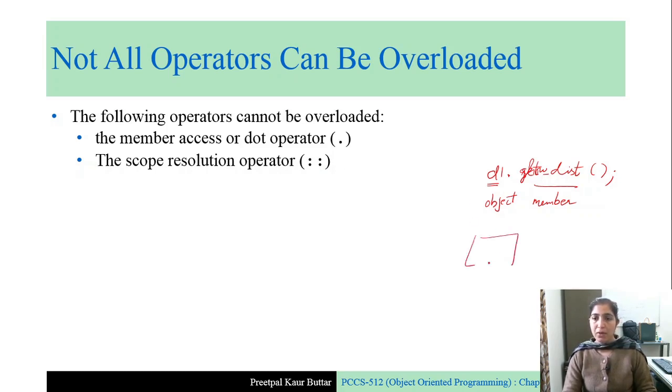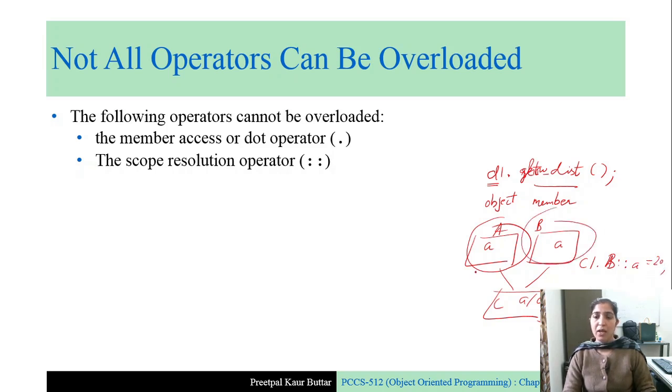So for example, if you have two classes A and B, both of these classes have a data member A, and this is inherited by class C. So now C has two versions of A, one from class A, one from class B. So when we create an object of class C, c1, and then write c1 dot a equal to 10, there is an ambiguity as to which A you are referring to, and it can be resolved using the scope resolution operator. c1 dot A scope resolution a means we are referring to the a which we got from base class A. And if I write c1 dot B scope resolution operator a, it means I am referring to the a which I got from class B. Okay, so this cannot be overloaded.